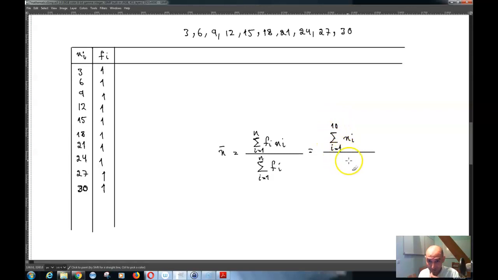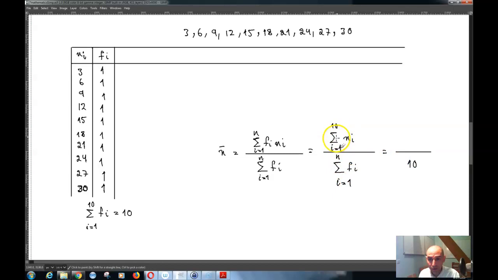And over here again you can write sigma f of i as i goes from 1 to n. And as you can see, your sigma f of i is actually equal to 10, because 1 plus 1 plus 1, 10 times, would be 10. So your sigma f of i as i goes from 1 to 10 is equal to 10.